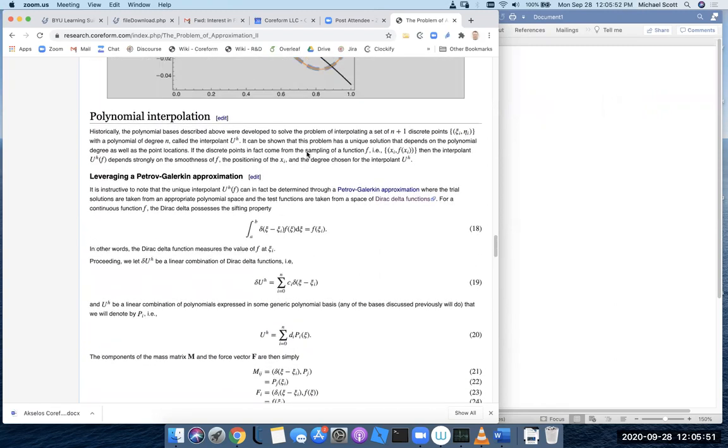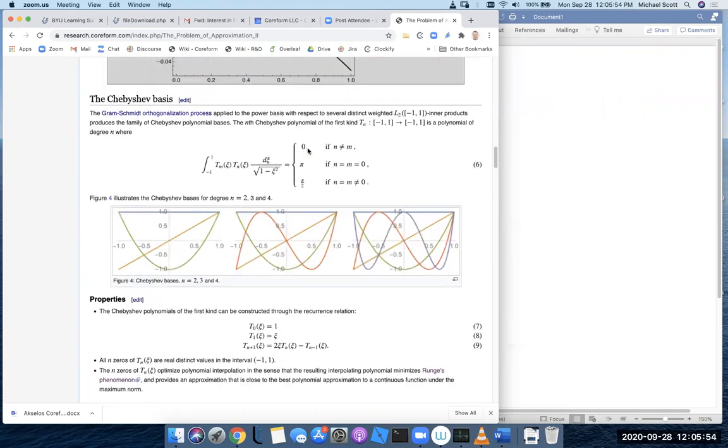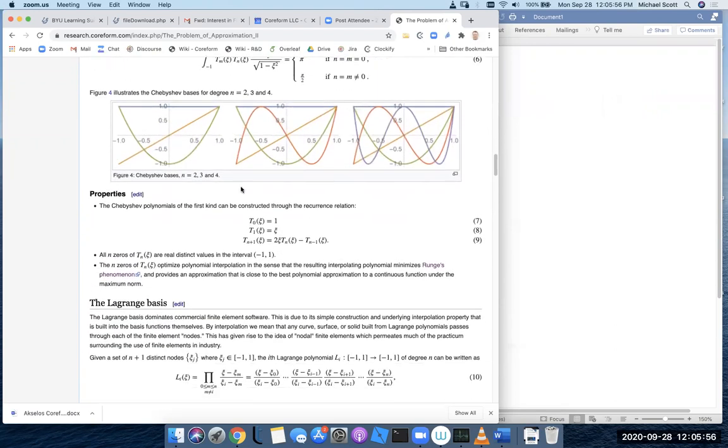Yeah, exactly. So if you go to Chebyshev, they have this phenomenon right here, that the zeros optimize polynomial interpolation in the sense that the resulting interpolating polynomial minimizes Runge's phenomenon, and provides as close to the best approximation to a continuous function under the maximum norm.